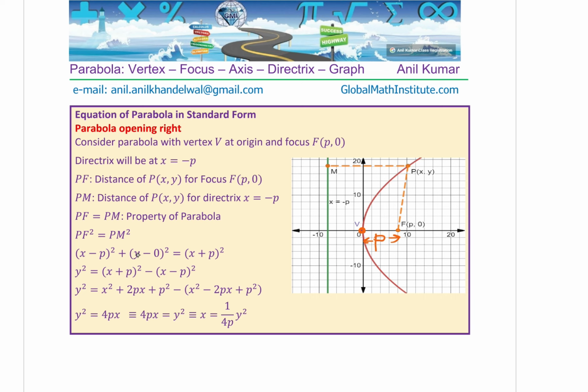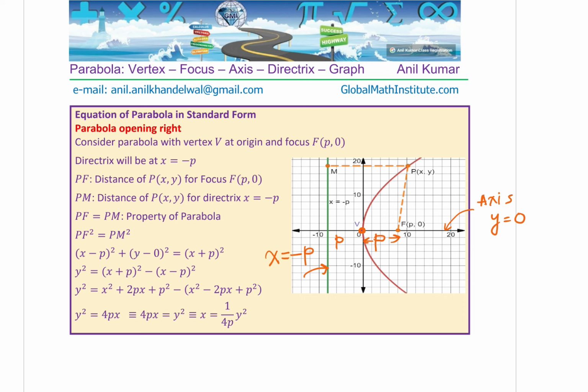So p is considered to be the distance between vertex and focal point, and therefore the coordinate of the focal point, which is on the axis, y equals 0, will be (p, 0). It is p units to the right in this case, and therefore the distance from the vertical line will also be p, and therefore we have the directrix whose equation will be x equals minus p.